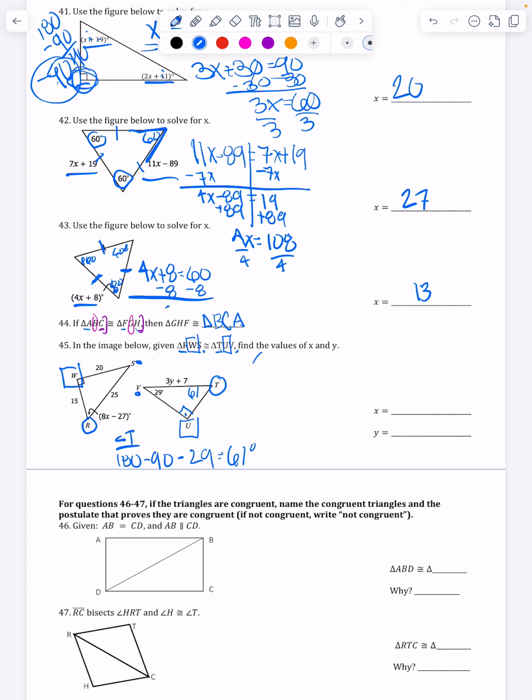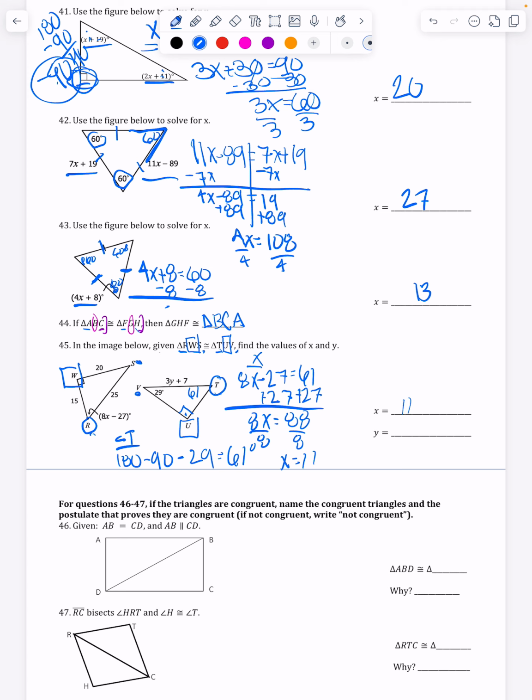Well, in order to solve for x, I can see that R and T, they are the corresponding angles. So I'm going to do 8x minus 27 equals 61. All right, I'm going to add 27 and add 27 and get 8x equals 88. Divide by 8, divide by 8, and get x equals 11.